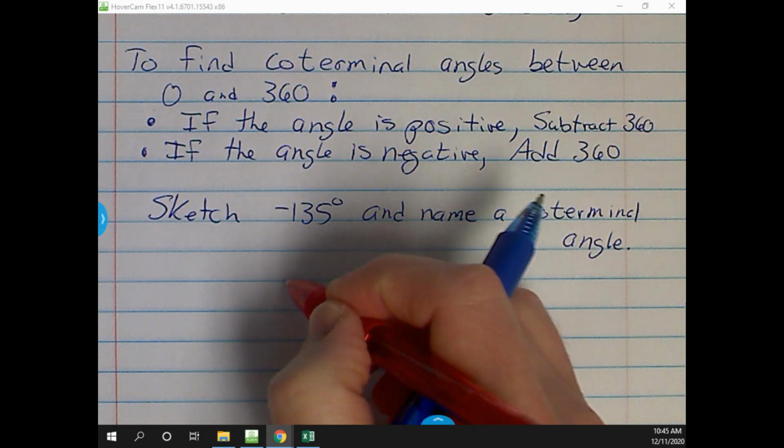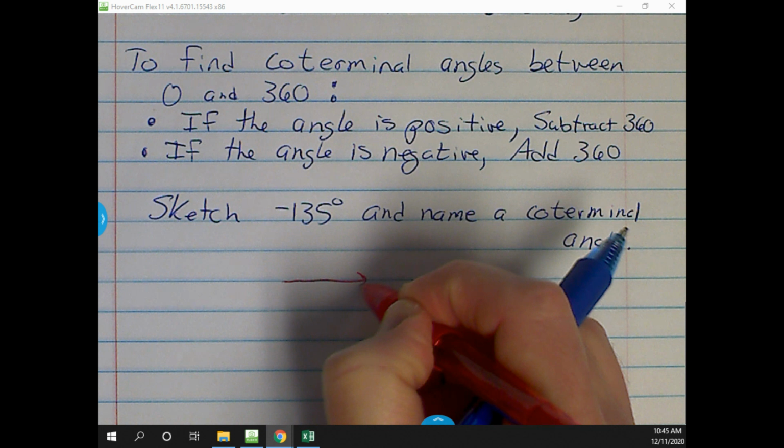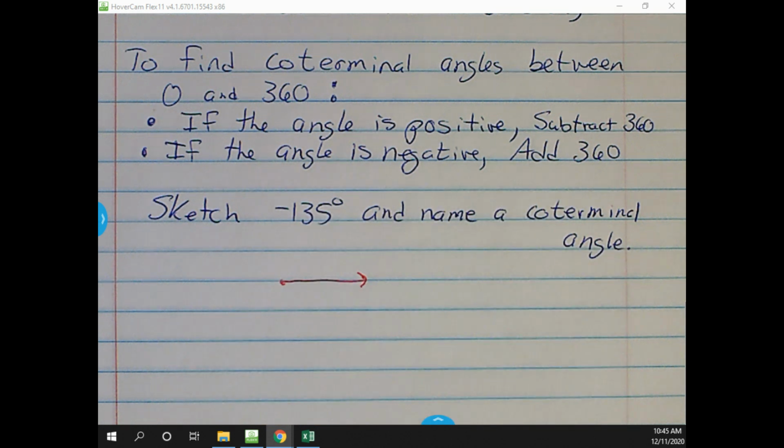Okay, and occasionally they might even leave this out so that there is no XY axis. It may just be an angle being drawn without anything else with it.